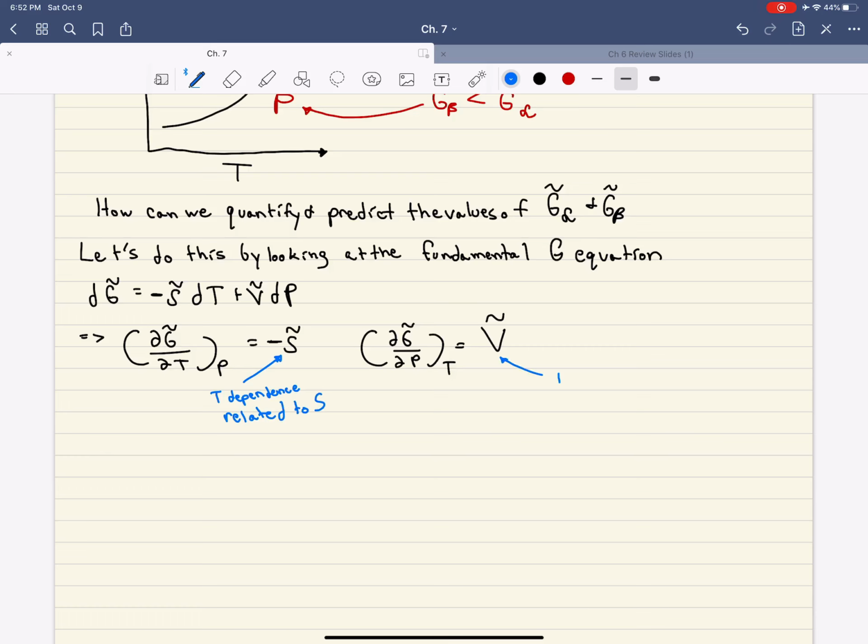So if we could somehow figure out the molar volume and the entropy of our system, then we would be able to figure out how pressure and temperature affect the molar Gibbs energy.